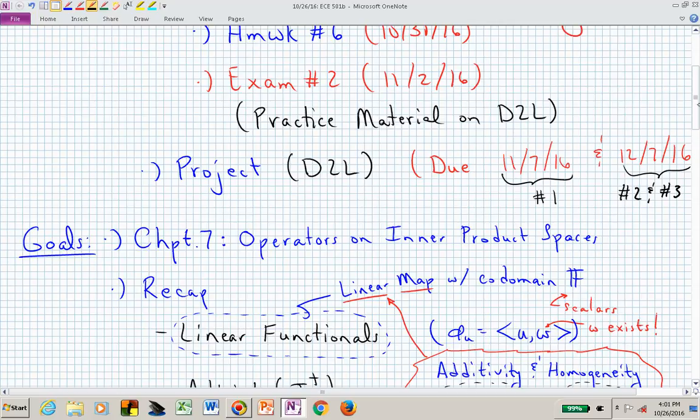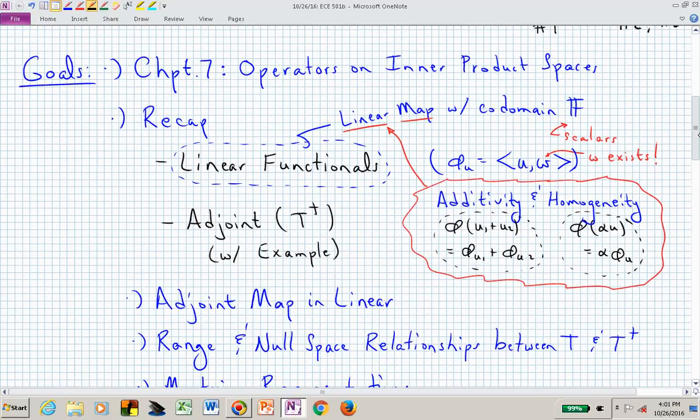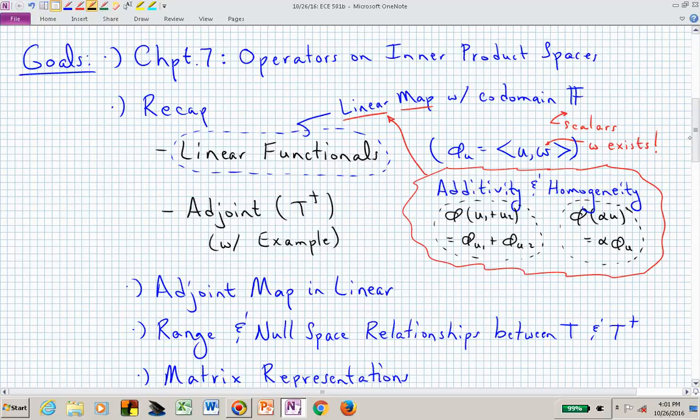Today what I want to do is continue with chapter 7 material, which concerns operators on an inner product space or on inner product spaces, since we actually have to have multiple inner product spaces when we start talking about these adjoint operators. And we'll talk about, or maybe just review slightly, the linear functionals.